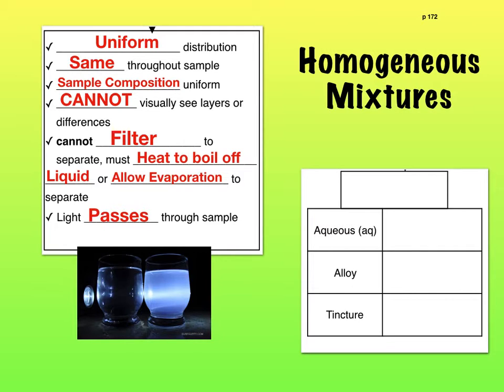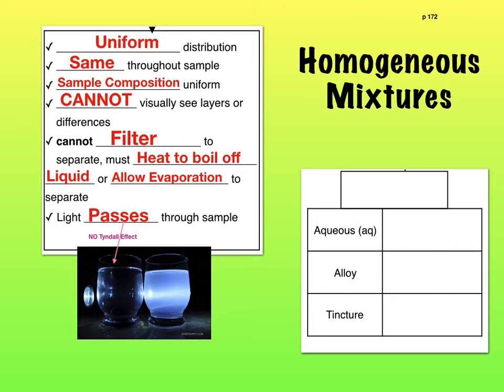If you take a look at the container closest to the flashlight, you can see that the light passes through as if the homogeneous mixture is not even present. So when the light passes through a homogeneous mixture, there is no Tyndall effect observed. Tyndall effect means scattering of light.